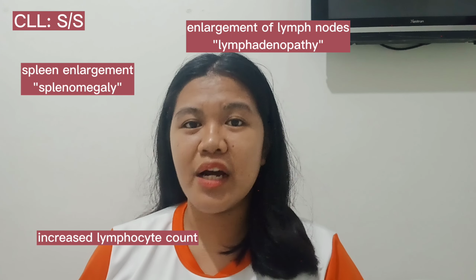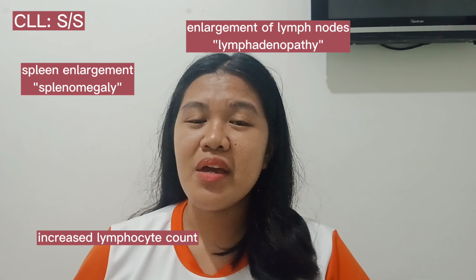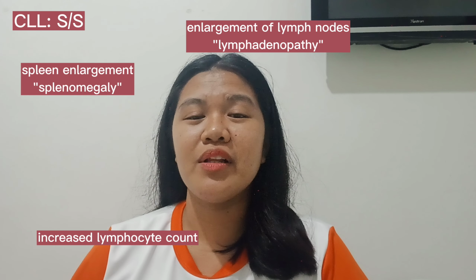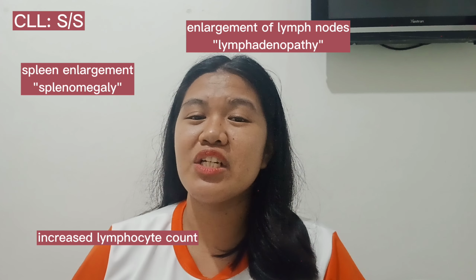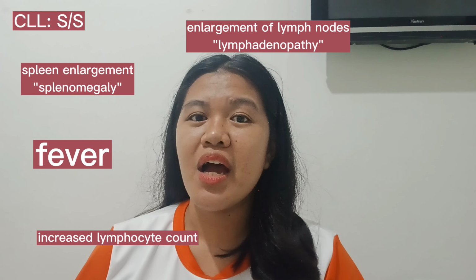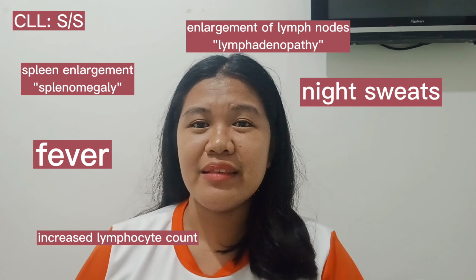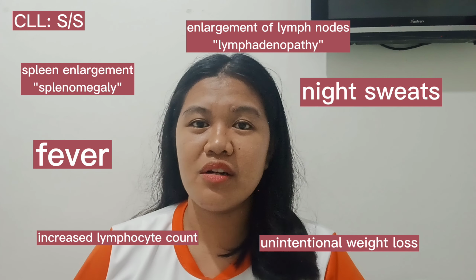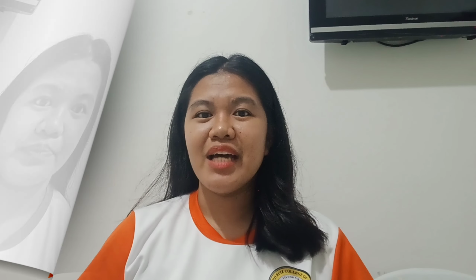The spleen can also be enlarged, or splenomegaly. Patients with CLL can develop B symptoms, a constellation of symptoms including fever, sweats, especially at night, unintentional weight loss, and also fatigue.